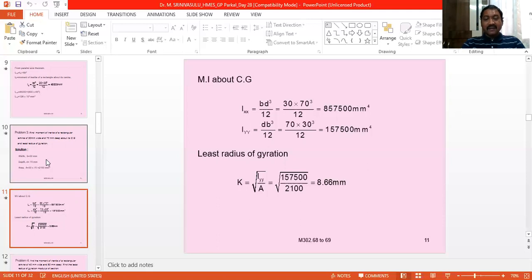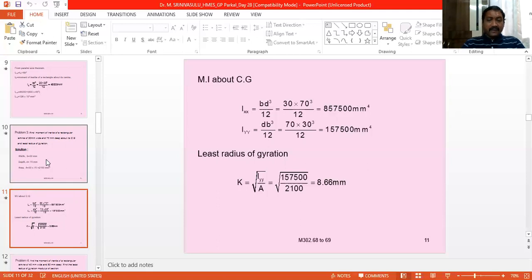Now the next step is to find the least radius of gyration. In both cases we know the equation: the radius of gyration is equal to the square root of moment of inertia by area.